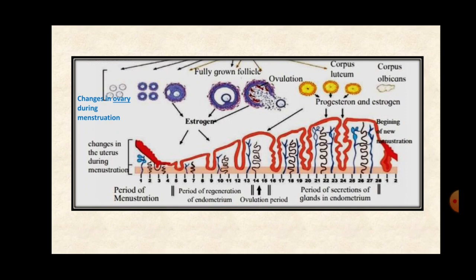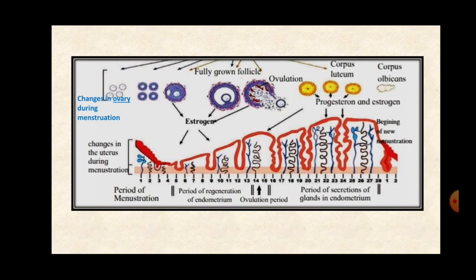The follicle and the oocyte together start to develop, which you can see in the first two steps. Exactly below, if you see, it is the period of menstruation or the period of bleeding. We will come back to it.